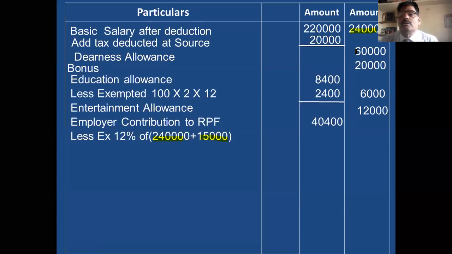60,000 is the dearness allowance. Out of this, 25% is eligible. So I take 25%, which is 15,000. Salary plus DA you have to take. And 12% of this total amount is 30,600. You deduct this, balance is 9,800. 9,800 is the taxable contribution to RPF by the employer. Remember this, employee amount will not come for calculation.